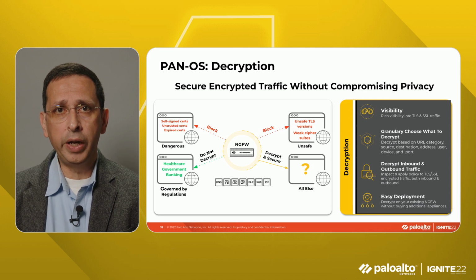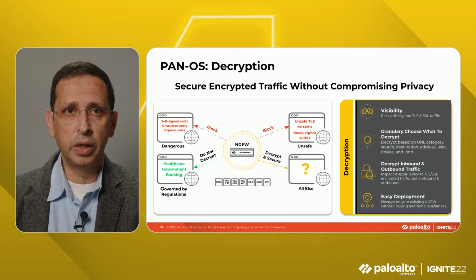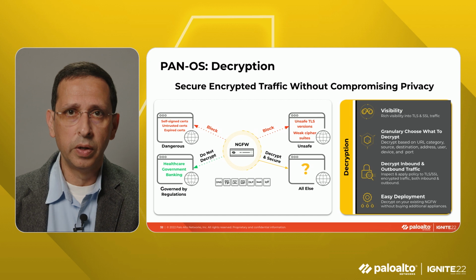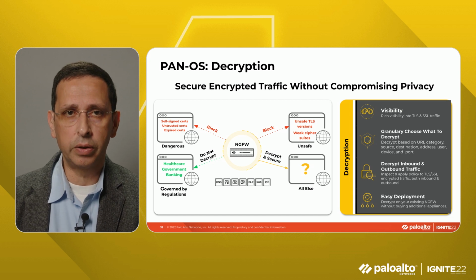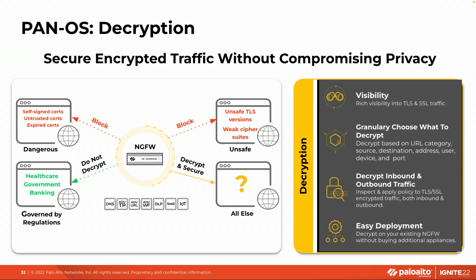Given that over 80% of the traffic is encrypted and most of the threats are also encrypted, visibility starts with enabling decryption. Next-gen firewall is the most suitable device to decrypt traffic, providing several advantages. Decrypted traffic does not leave the next-gen firewall, and inspection of the traffic to prevent threats takes place within the firewall.